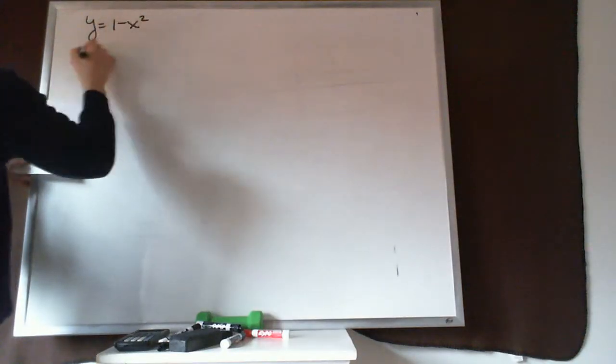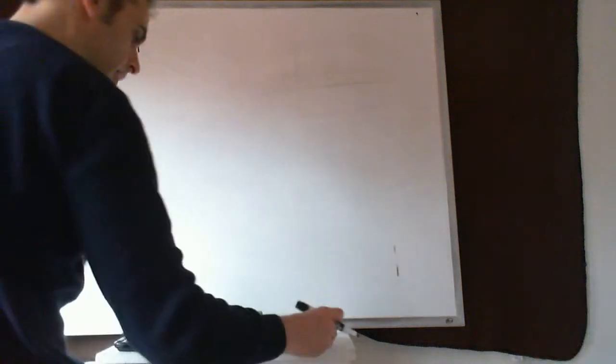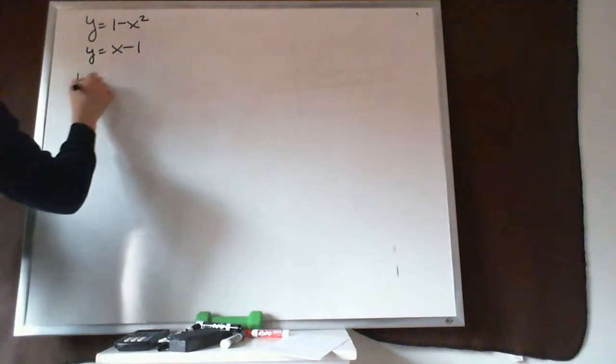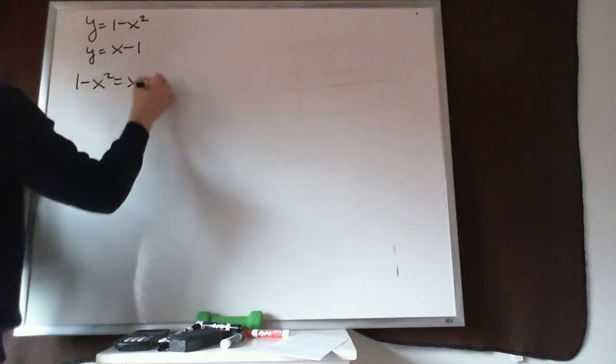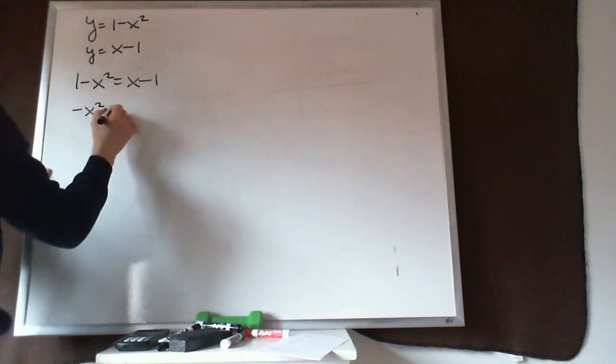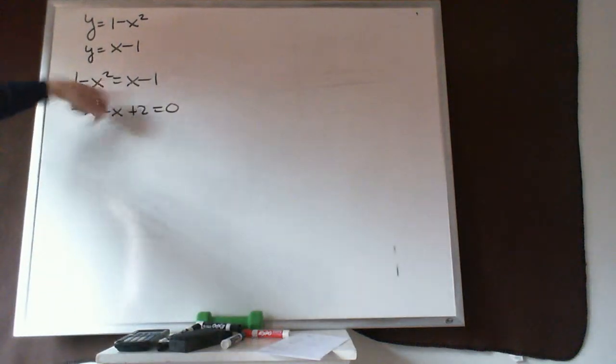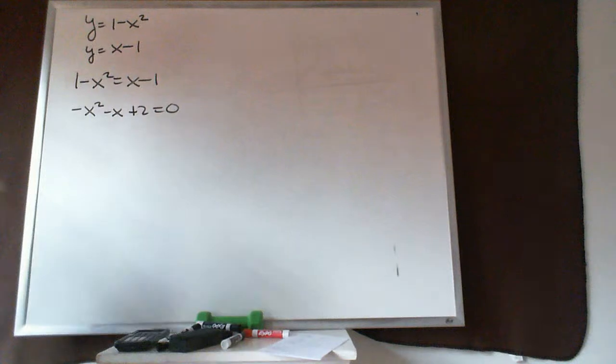Next, suppose we have y equals 1 minus x squared and y equals x minus 1. So I'm going to set them equal to each other. 1 minus x squared equals x minus 1. Negative x squared minus x plus 2. I'll leave that there, take it over to minus x plus 2.